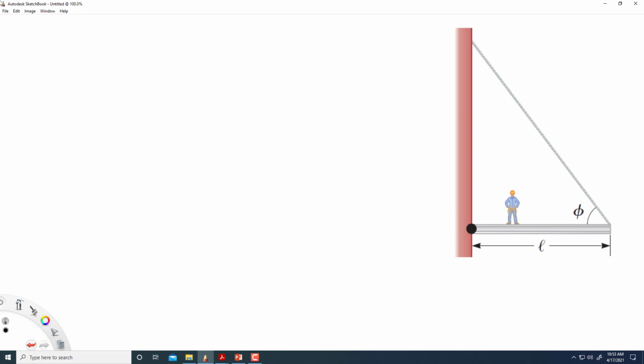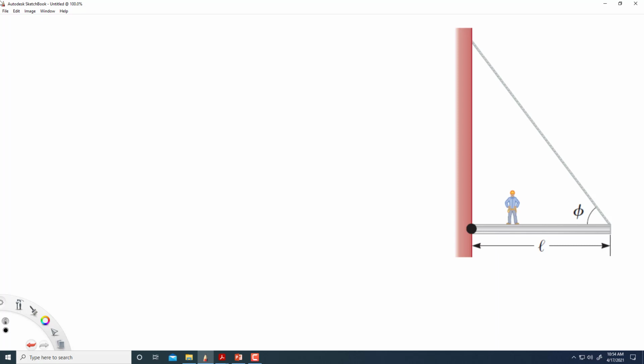So on number 5, we have a uniform horizontal beam with a length of 8 meters and weight of 5200 newtons. We'll make it 200 newtons, okay, instead of 5200 newtons. Please cross that out and then write 200 newtons. So it is attached to a wall by a pin connector.